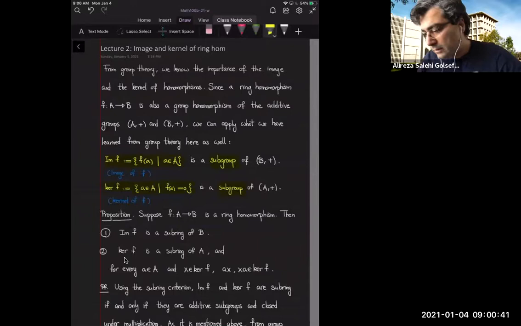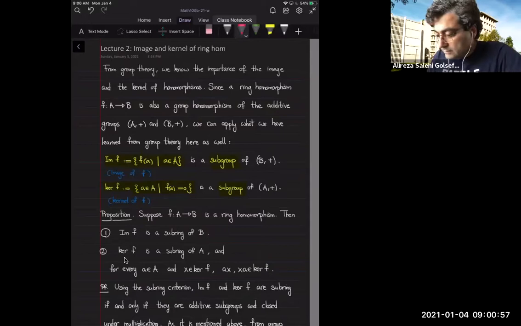Okay, so now let's go to ring theory. When I give you a ring homomorphism from ring A to ring B, then with addition they are additive groups, and a ring homomorphism is automatically an additive group homomorphism.